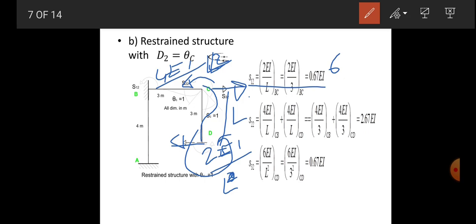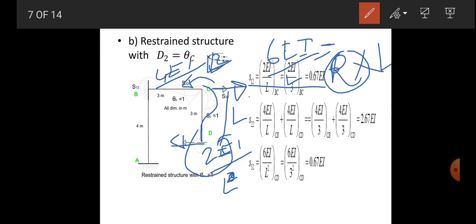To find this reaction, you have to add 4EI by L and 2EI by L together, which becomes 6EI by L, and this should equal the moment R into L.